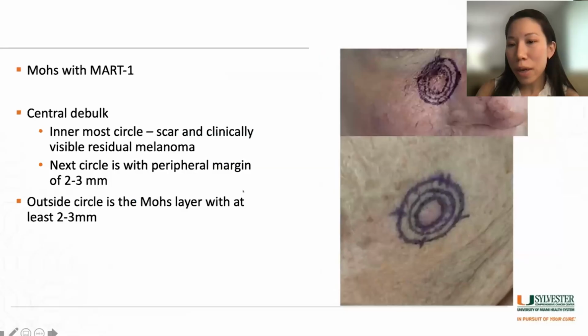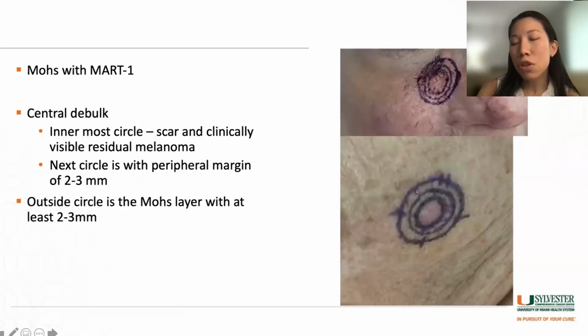So at this point, we were up and running with our MOHS with MART1 immunostains, and that's how I chose to treat her recurrent melanoma. All these circles mean something to me, but I'll translate what they mean. That inner circle is the clinical margin of the melanoma, what we see with our naked eye.